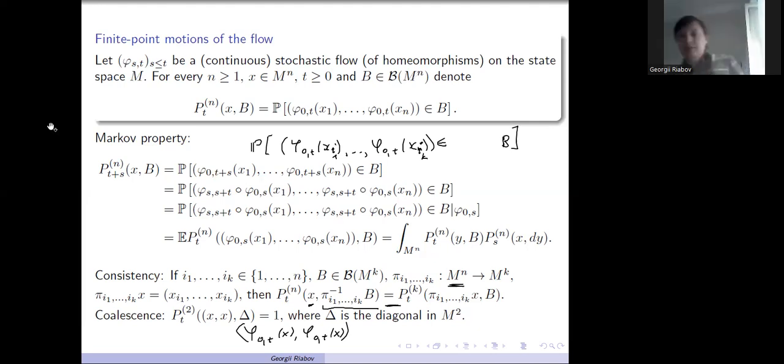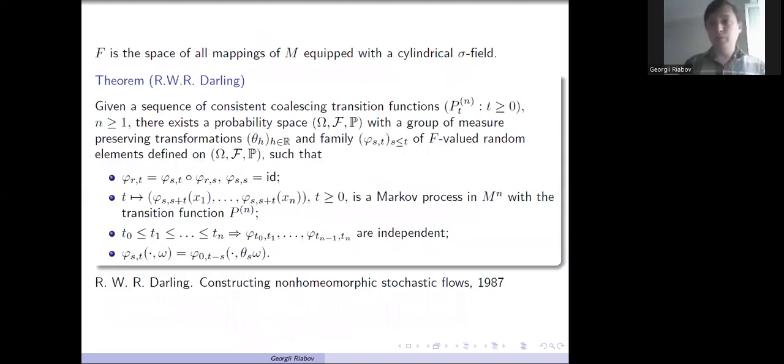In some sense, it is possible to go backwards. So start from a consistent coalescing family of transition functions and try to define a stochastic flow. This can be done in the following sense. There is a quite old result that states the following.